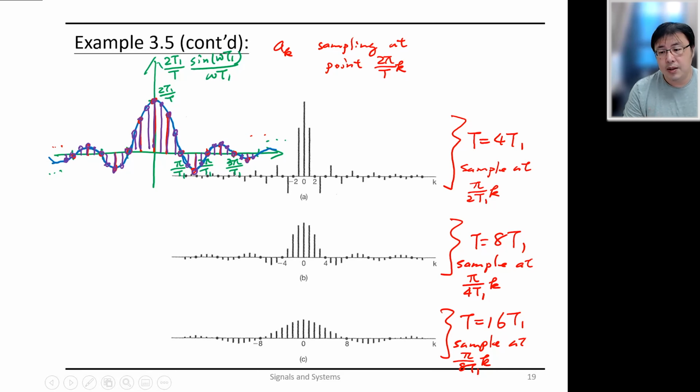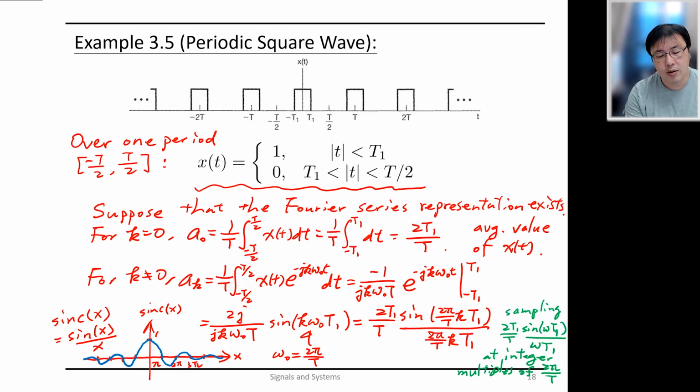So, this may not be so clear at this point, but this concept will be used in the next chapter to show how you can extend the Fourier series expression to aperiodic signals. Okay. So as you extend to aperiodic signals, if you just want to find the Fourier series representation of a square wave instead of a periodic square wave, then it's essentially the same as choosing a periodic square wave with period capital T that goes to infinity.